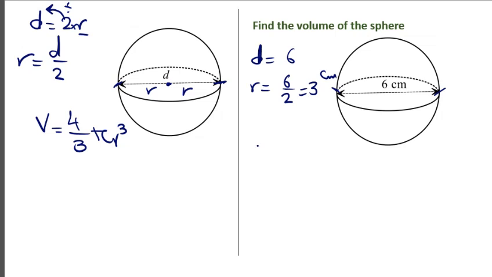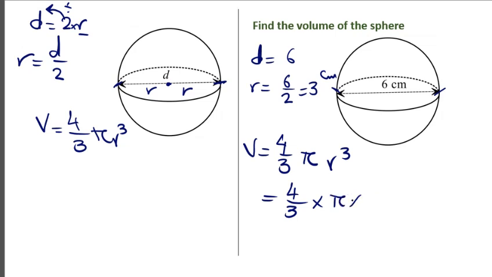So the volume will be 4/3 times pi times r cube. r is 3, not 6. Times 3, times 3, times 3. 3 cancel 3. Then we have 3 times 3 is 9. 9 times 4 is 36 pi centimeter cube.